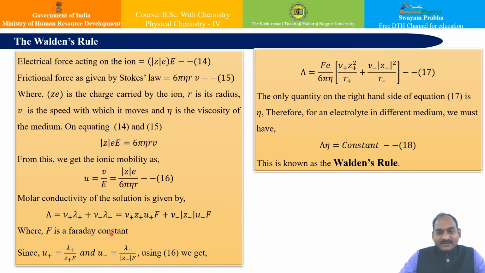Lambda plus and lambda minus are ionic mobilities that we know for cation and anion respectively, and therefore if I substitute these values of ionic mobilities, so nu plus, mod Z plus, U plus into F for cation, and nu minus, mod Z minus, U minus into F for anion, because we know that these ionic mobilities are given by this formula.